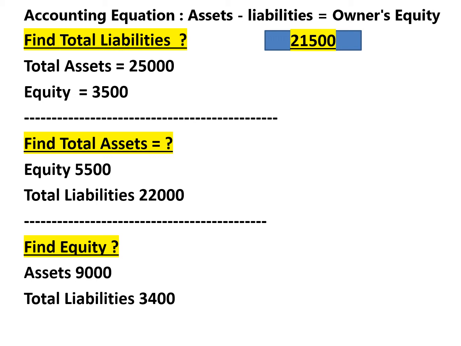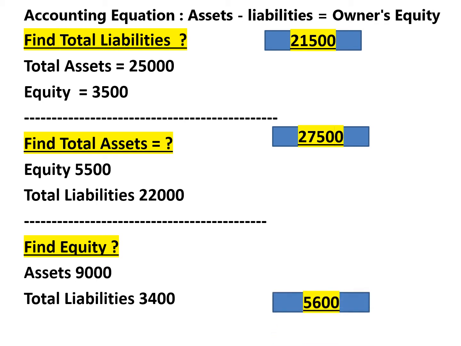In the second example, if we want to find the total assets, then total equity plus liabilities will be the total assets. In the third example, if we want to find out the equity, then we have two figures. Assets minus liabilities is equal to equity. So this is how we calculate the missing figures.